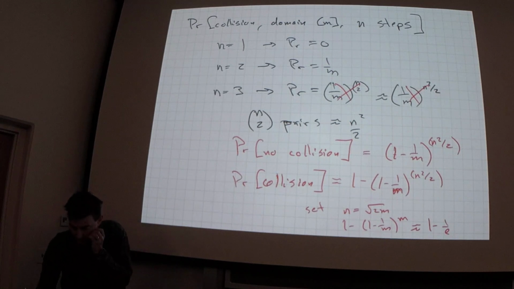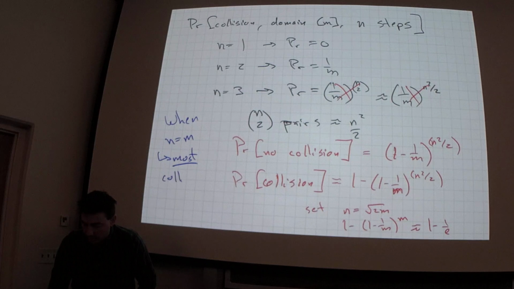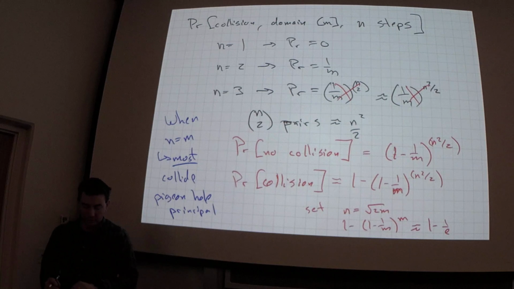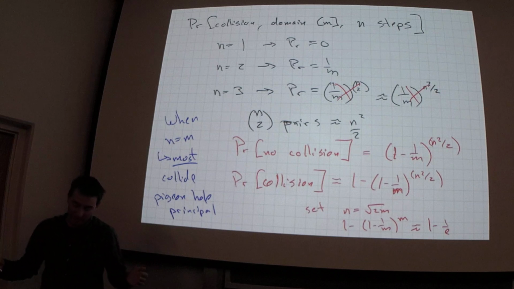When n equals m, there must be a collision. This is called the pigeonhole principle, from someone who had lots of pigeons.